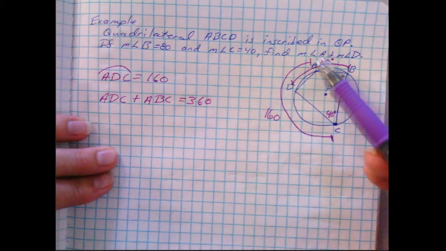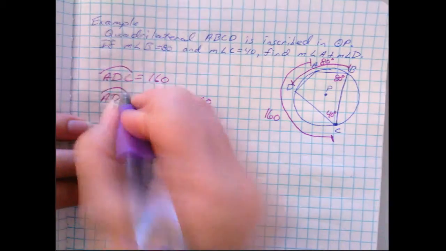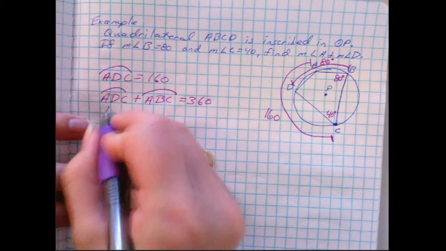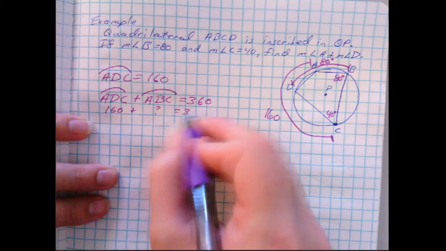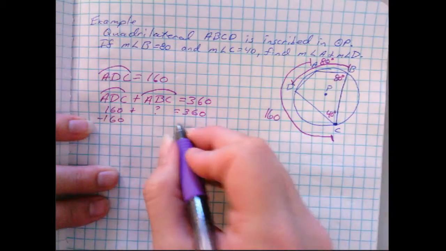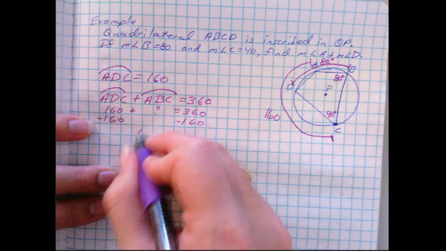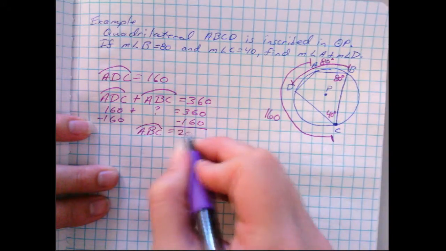That's the whole way around. We've got one going this way, we've got one going this way. So I have 160 plus something equals 360. Subtracting my 160, I get arc ABC equals 200.